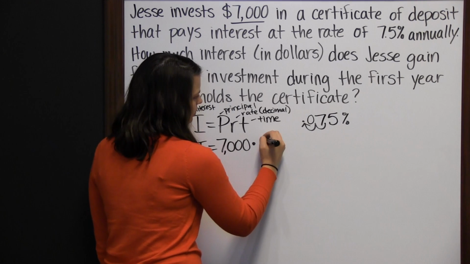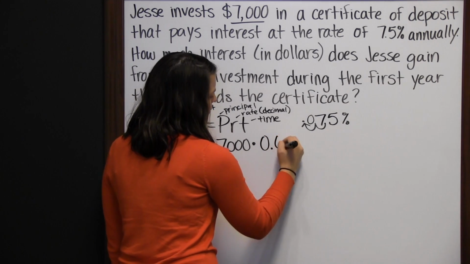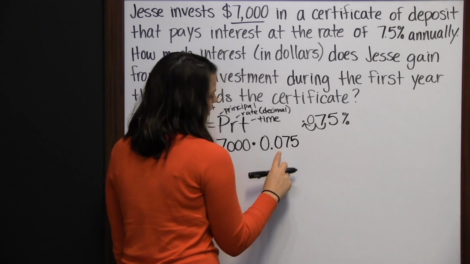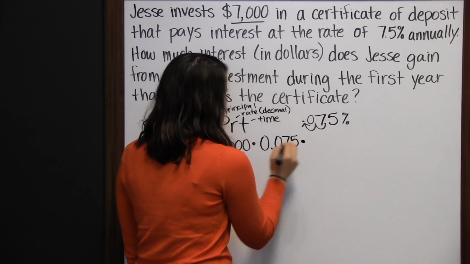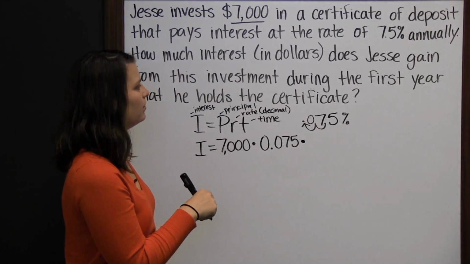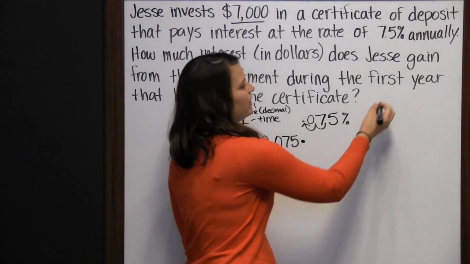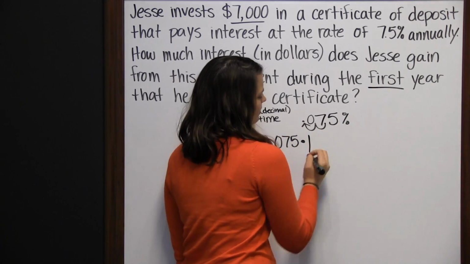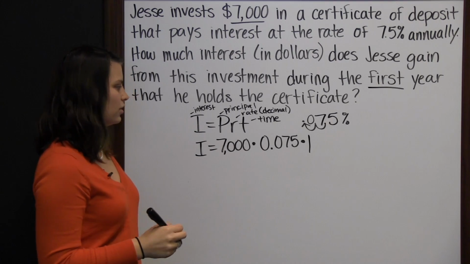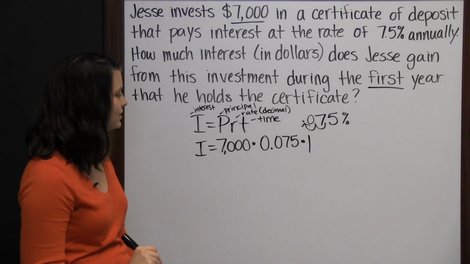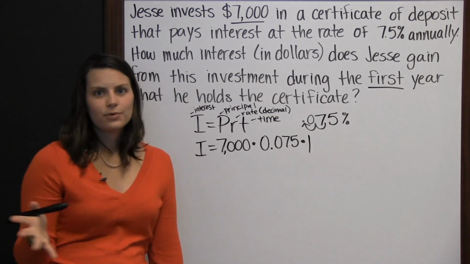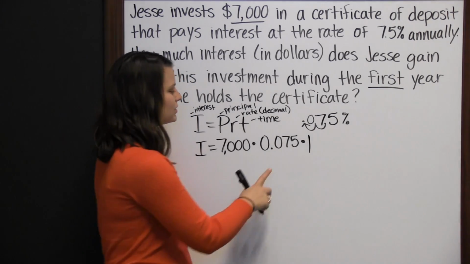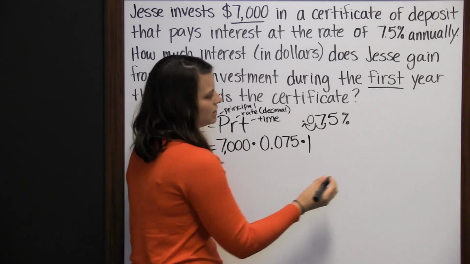So you add that 0, so it's 75 thousandths, and then times the time, and we're just trying to find out about the first year. So that means it's been in there for 1 year. 1 times anything is just that, so I can really ignore that. So I just need to multiply these two numbers together.